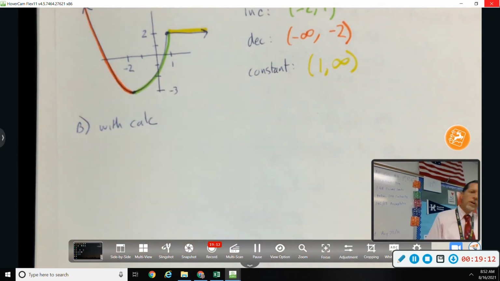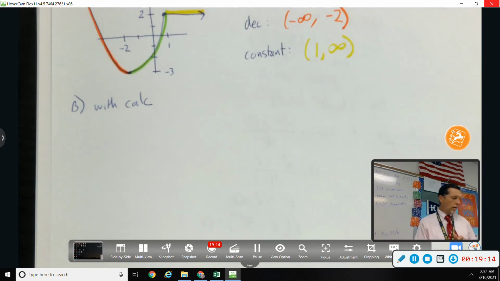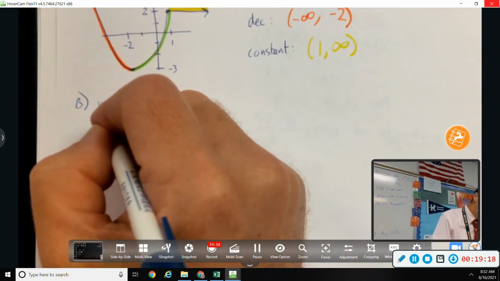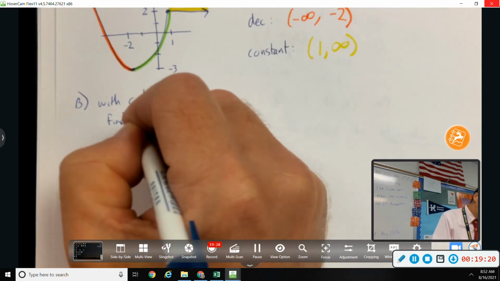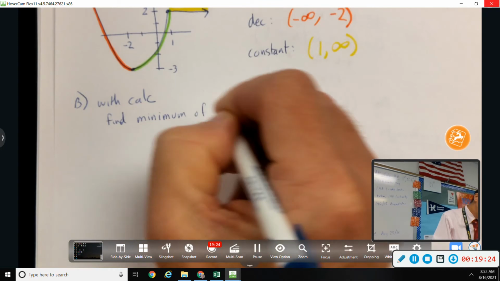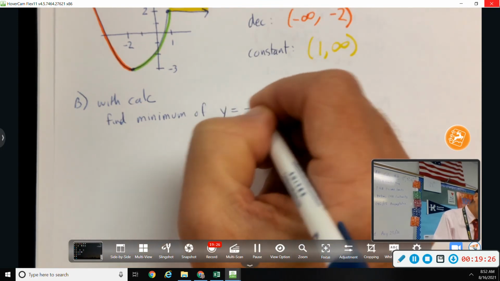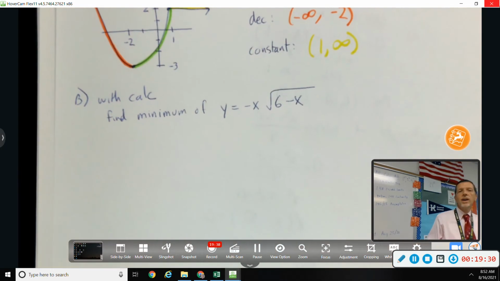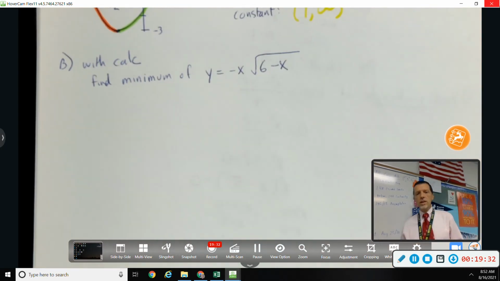Right. Part B, with the calculator, let's find the minimum of this graph. And you'll see why we need a calculator in a minute, because I have no idea what that looks like. Y equals -x times the square root of 6 minus x.